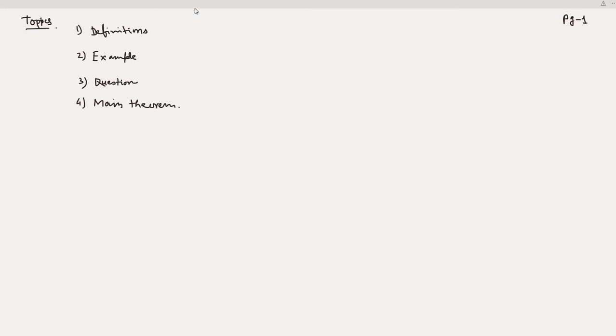Okay, so definitions. Let f be a function from Rn to Rm. Okay, so f equal to f1 and so on fm.